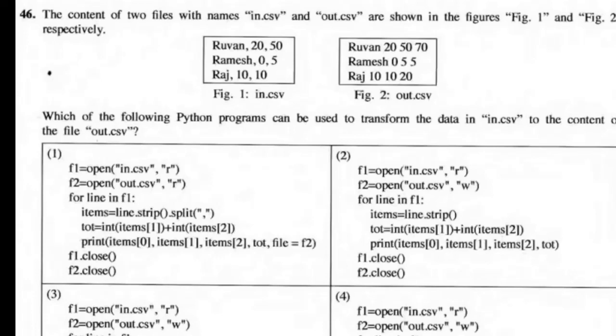In a single record, there are 3 parts. In the first record, the first one is 1, second one is 20, other one is 50. In the out.csv file, you have only one data field in each record. No separate comma is there. It's a single record.